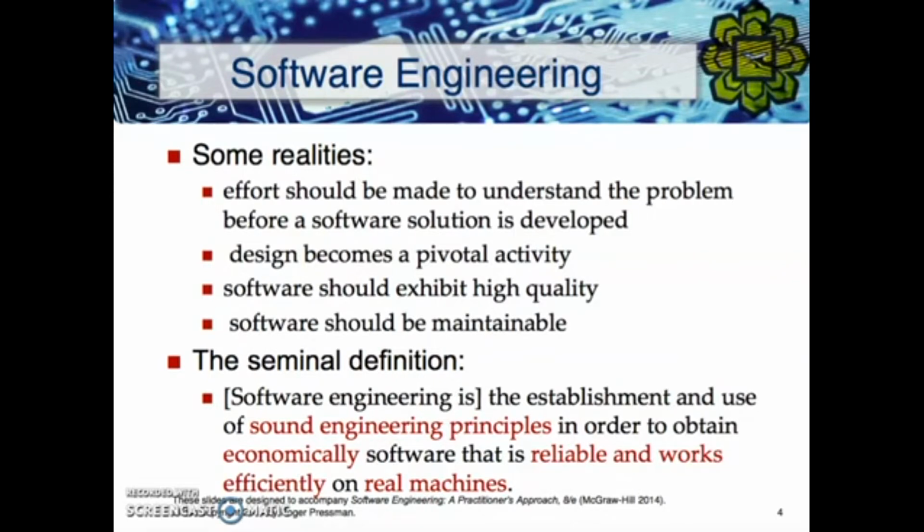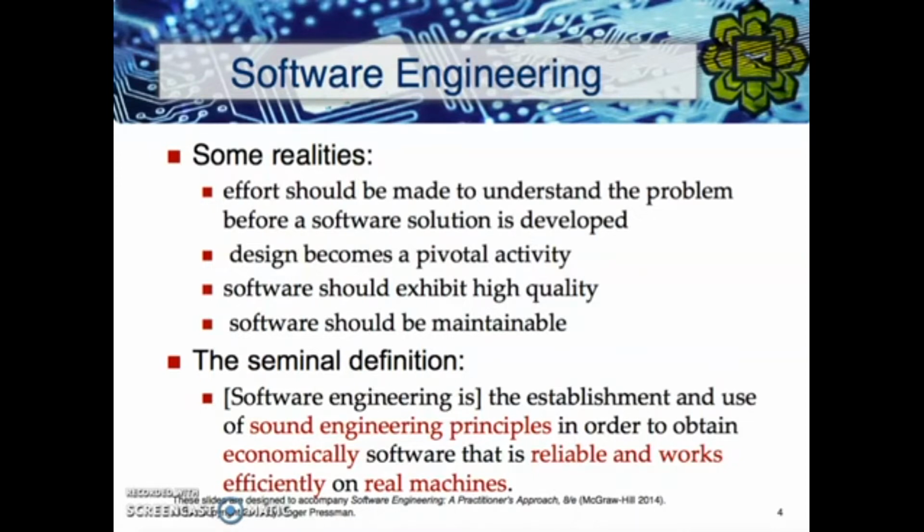So a seminal definition of software engineering refers to the establishment and use of sound engineering principles in order to obtain economically software that is reliable and works efficiently on real machines.